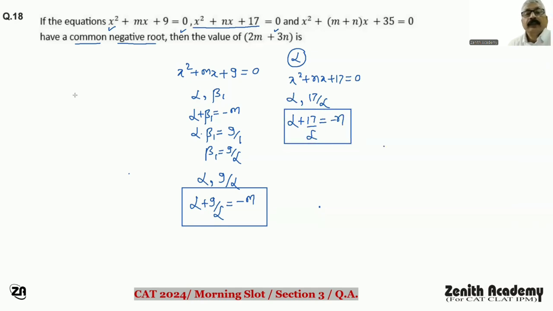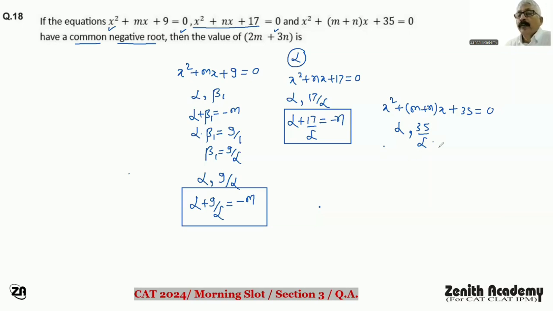And on the same pattern, this equation is x square plus m plus n x plus 35. So one root alpha is common. On the same pattern, the second root will be 35 upon alpha. Correct.